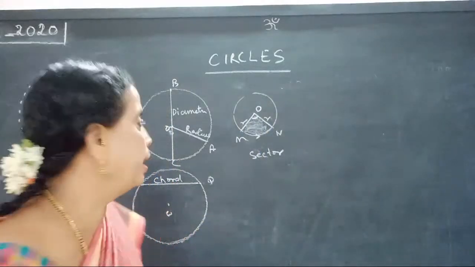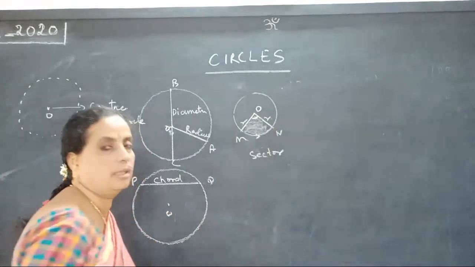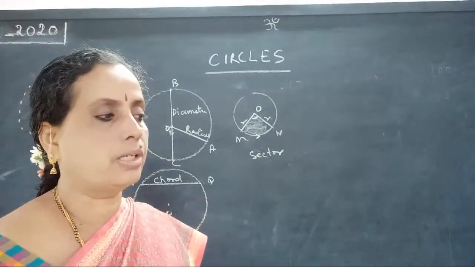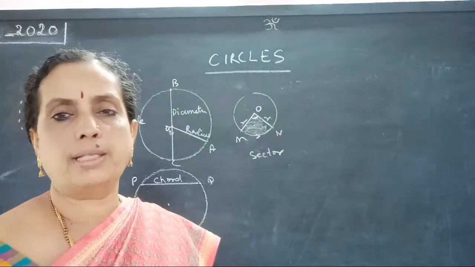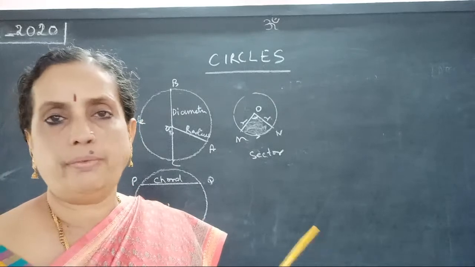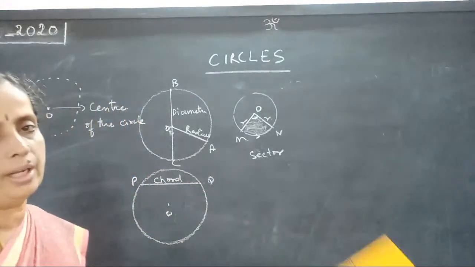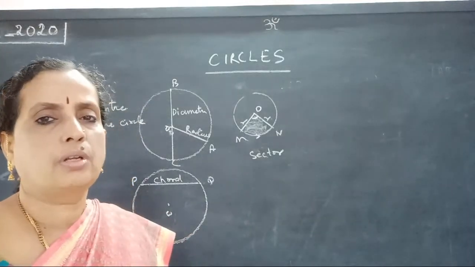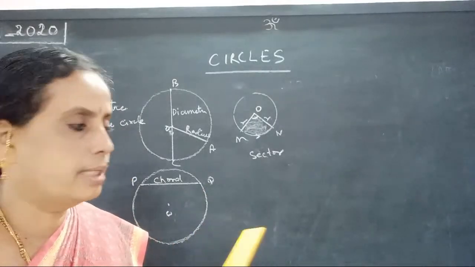The region covered by an arc of a circle with the radii of the circle, we call it a sector of a circle. All the definitions you will get in the textbook also. Otherwise, I will type it and give it to you so that you can follow. But the figure you have to draw by yourself. In your geometry notes, you have to copy it. Not now. Now listen to the explanation.